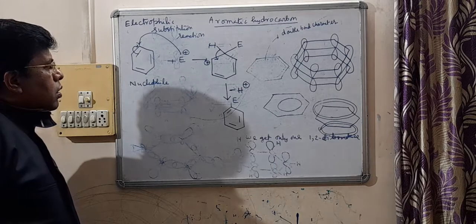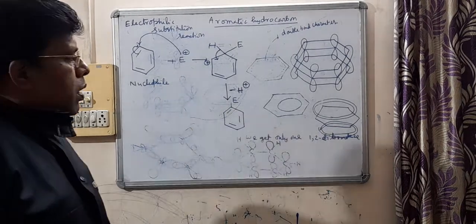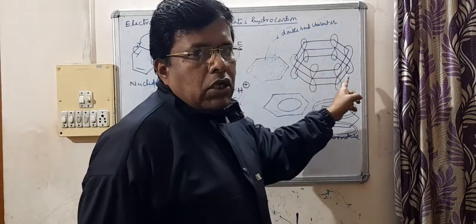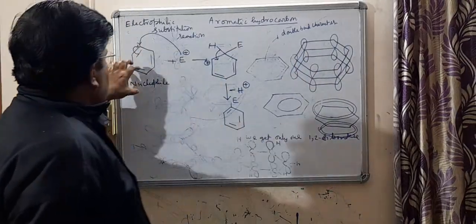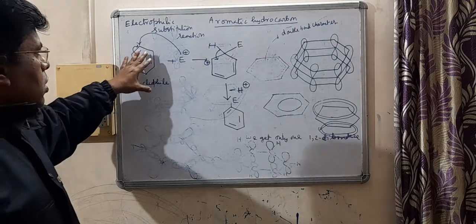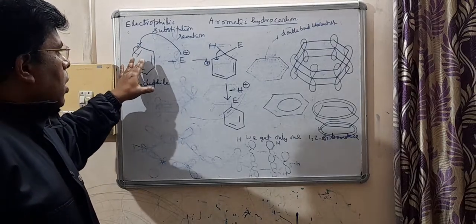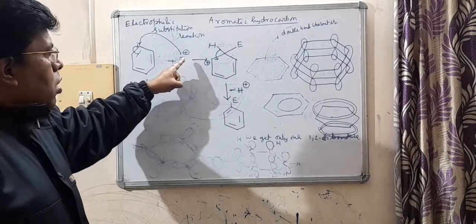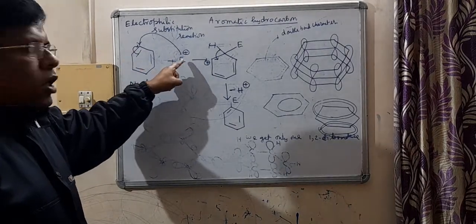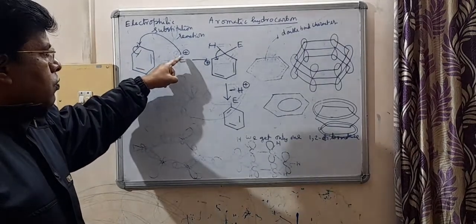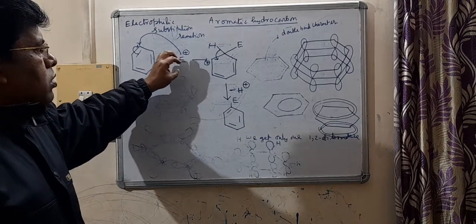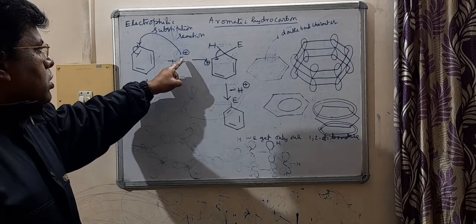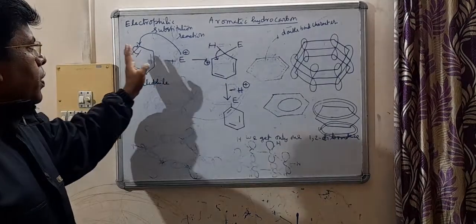The reason is that benzene is a molecule which is rich in electrons. Since it is rich in electrons, it will behave as a nucleophile, and then the electrophile, which is poor in electrons, will easily attack. Electrophiles, which are poor in electrons, always look for sites where there are more electrons. So that's why this one will attack here.